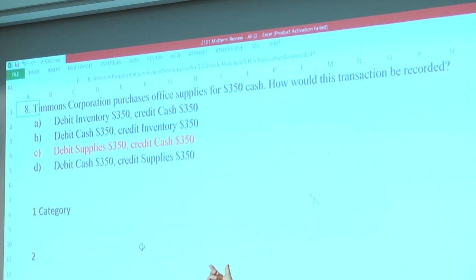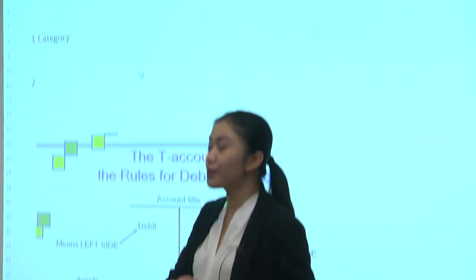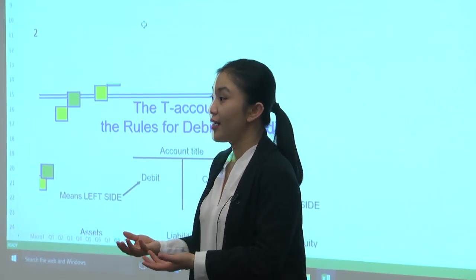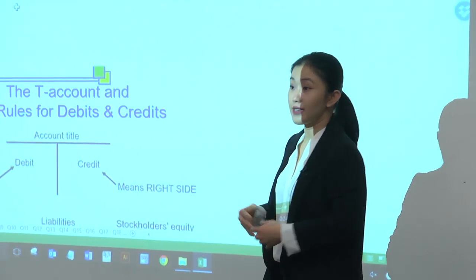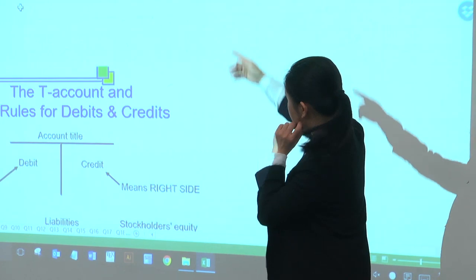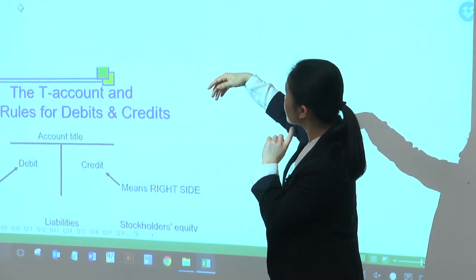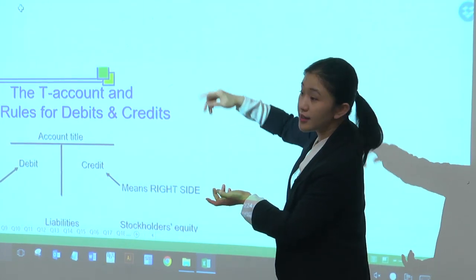When we purchase office supplies, does it count as inventory or supplies? Unless you are selling the supplies, it wouldn't be counted as inventory. Inventory is something you're going to sell later as your main business. It tells you this is office supplies, so it's supplies. So it's either C or D.